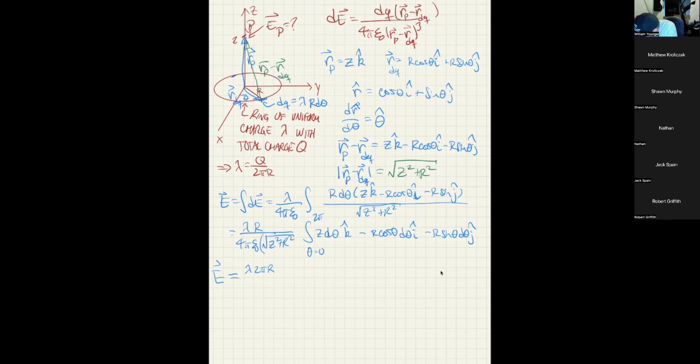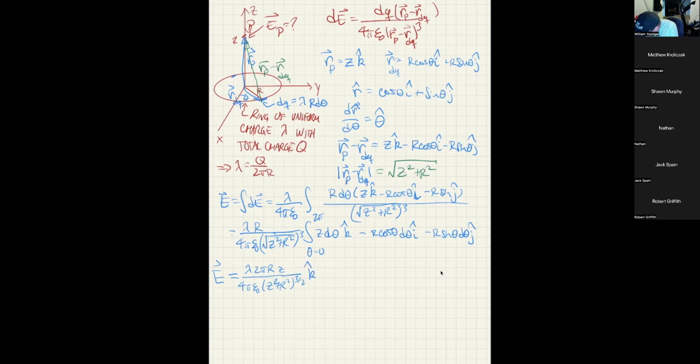Yeah, thank you. And I didn't even write that over here. Good job. Yeah, that's right. So 2 pi R, and then I'll put the Z over here, and then it'll be 4 pi epsilon naught times Z squared plus R squared to the 3/2.